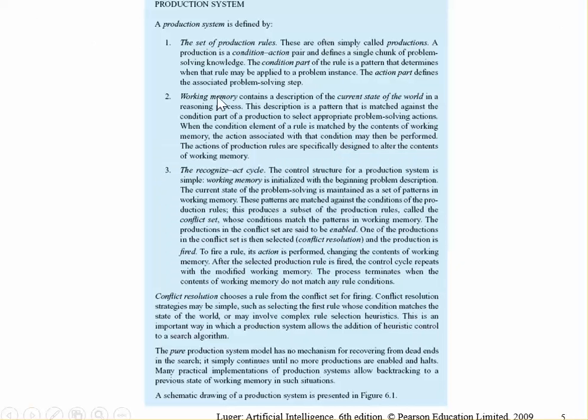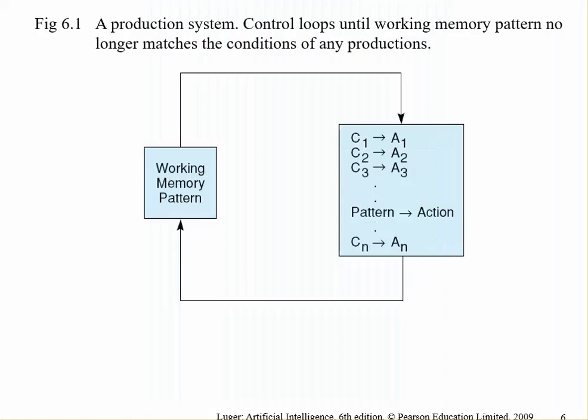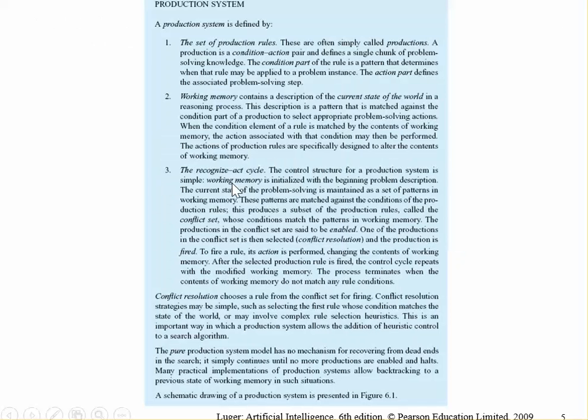Then there is a working memory that contains the description of the current state, and we select which productions match the conditions in the working memory.